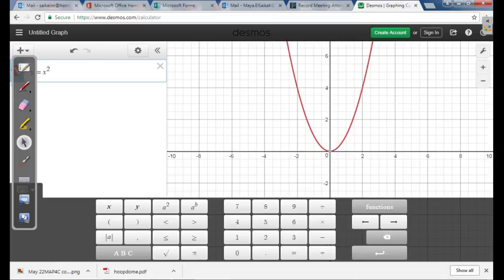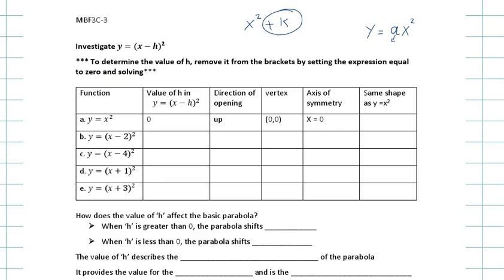Now the question is, what happens if I add a value to the x inside the bracket? You see now, we're adding a value inside the bracket, not outside like yesterday. We call that value h, the letter h.